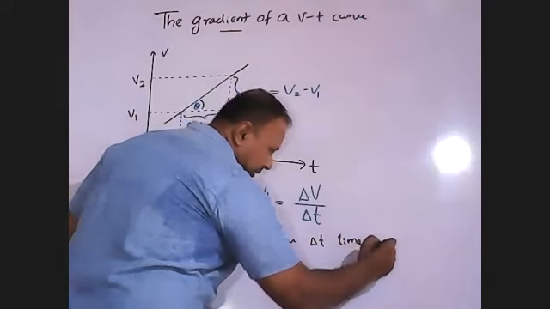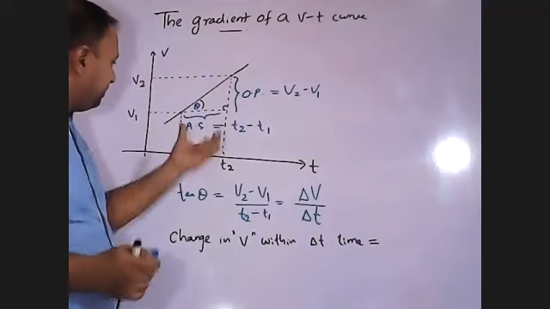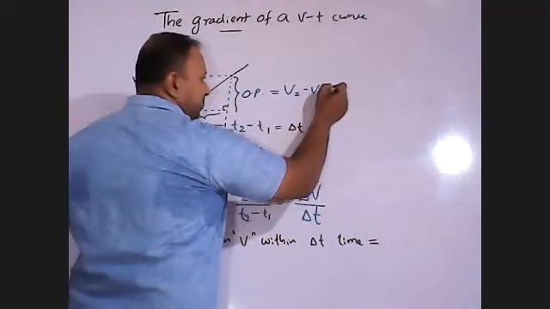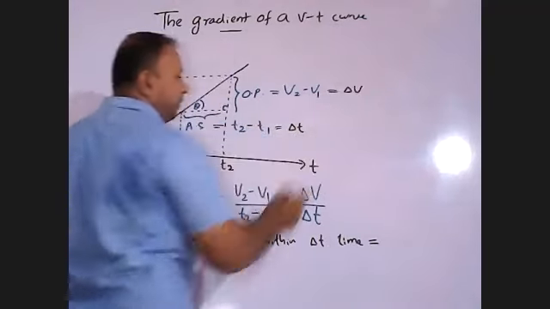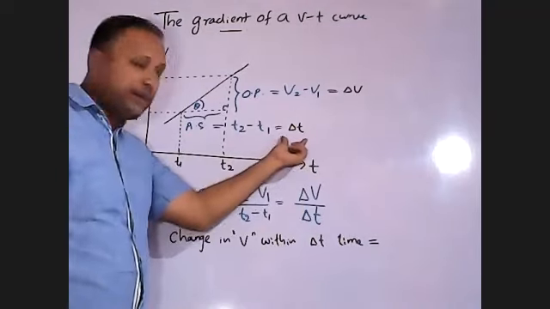Look at this one: the change in velocity within this delta t. This one is equal to delta v. I have assigned the delta mark here.